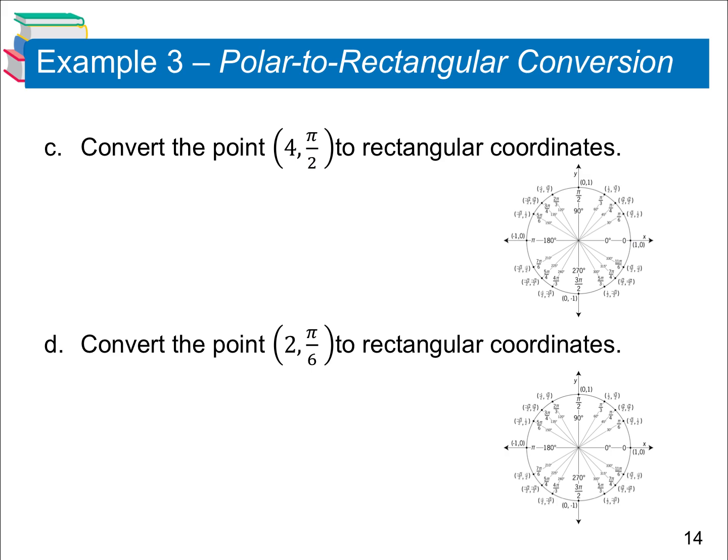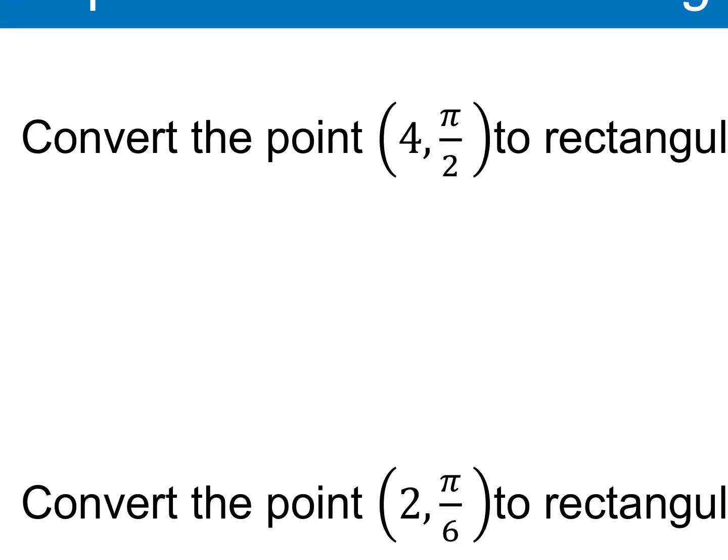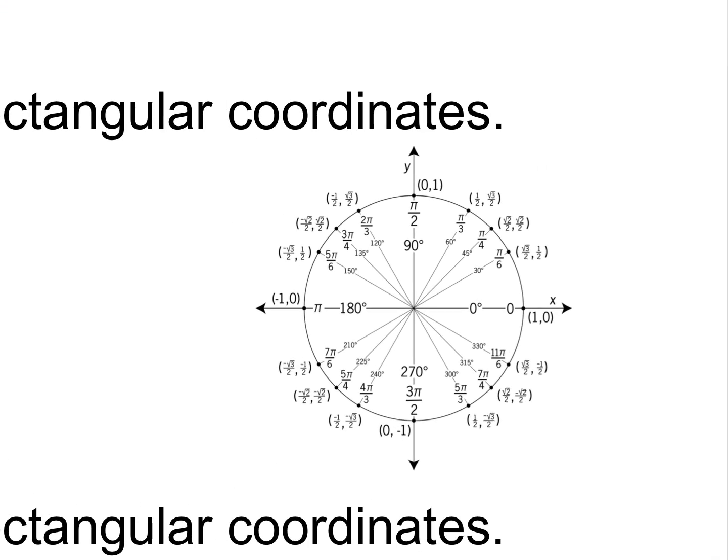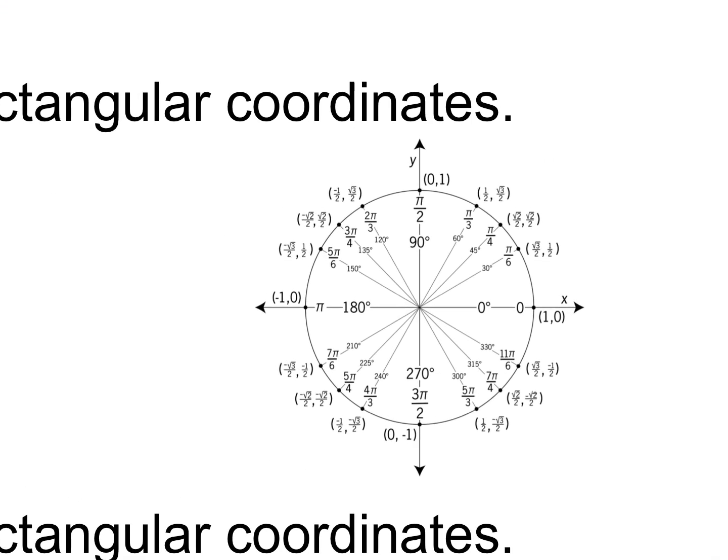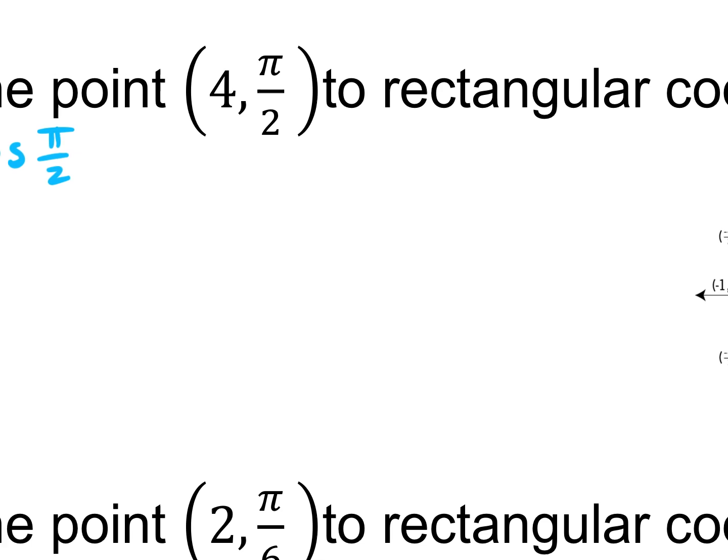All right, let's do it again. So x is equal to what? 4 times the cosine of pi over 2. What is the cosine of pi over 2? It is what? 0. You look at the x, which is 0.